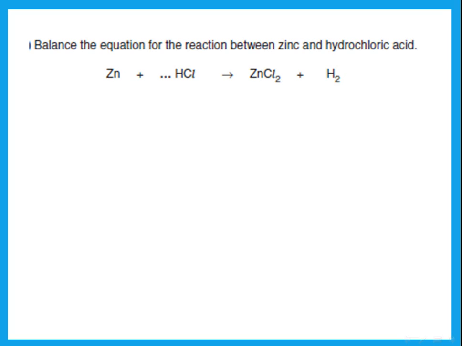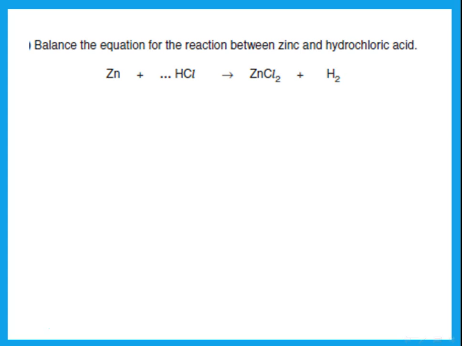So zinc, for example, Zn, how many zinc atoms do we have before the arrow? I have only 1 on the left side of the equation. What about after the arrow? I still have only 1. So in this case, zinc is balanced.